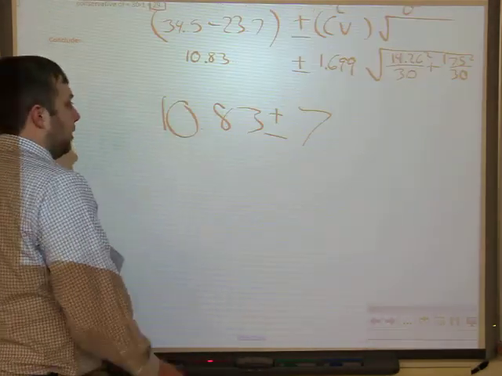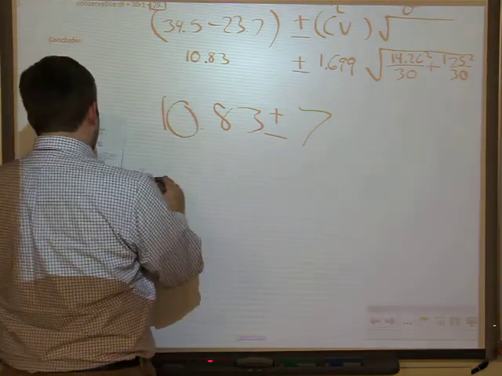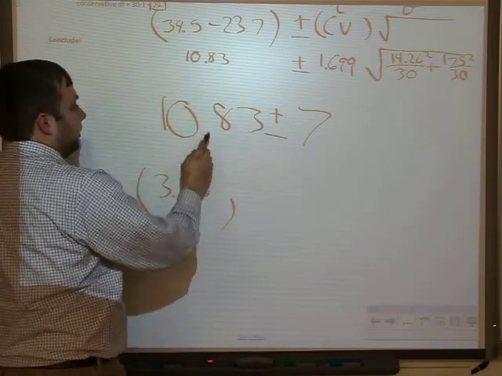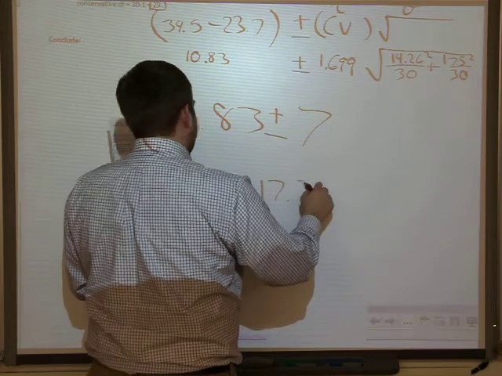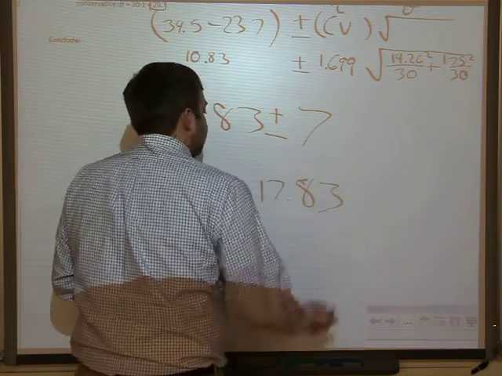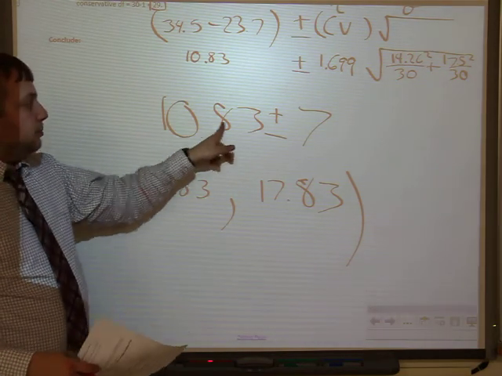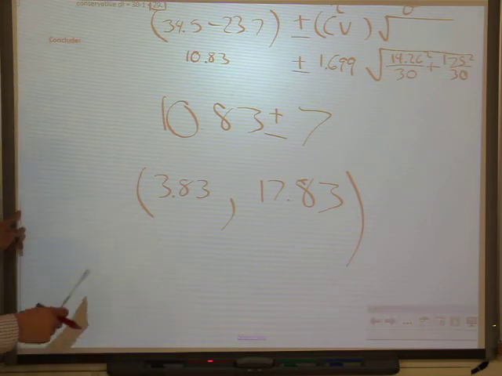Which gives me a great interval. If I want to actually write an interval, I would say from 3.83, because that's 7 lower than 10.83, to 17.83. That looks like the actual interval. So 10.83 plus or minus 7, with my margin of error.